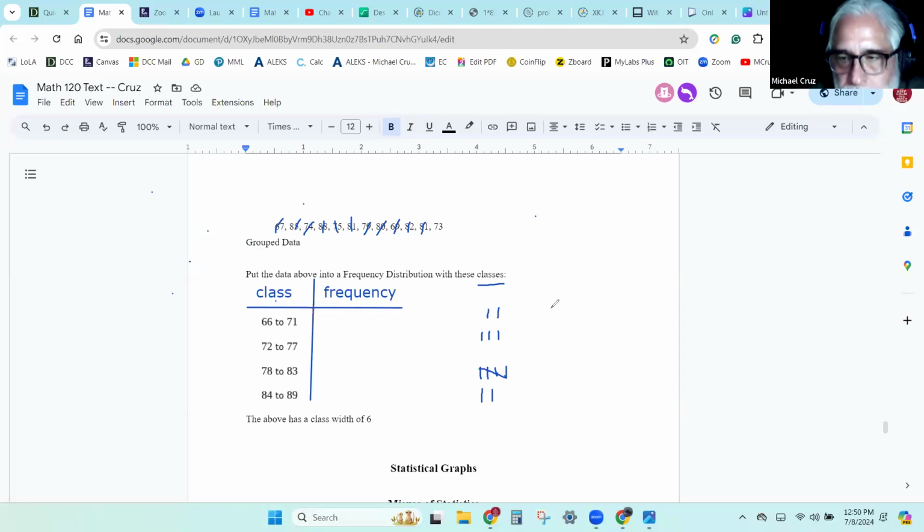All right, so this was 2, 3, 5, and 2, so that it adds up to 12. Let's make sure that that's how many pieces of data we got. 1, 2, 3, 4, 5, 6, 7, 8, 9, 10, 11, 12. So we've got them all. So what I'm going to do is put those over here to make it a formal table.